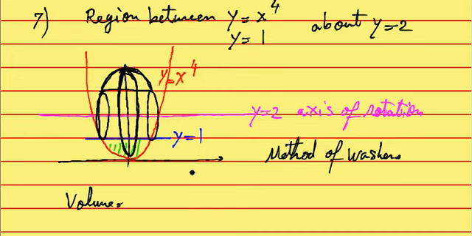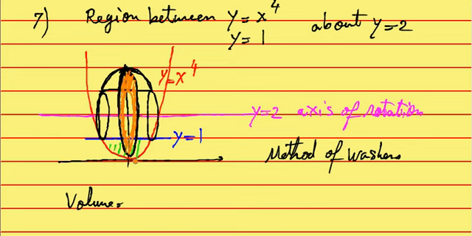There is an inner radius and an outer radius, so one of these slices looks like this washer. How do you find the volume of one of these washers?